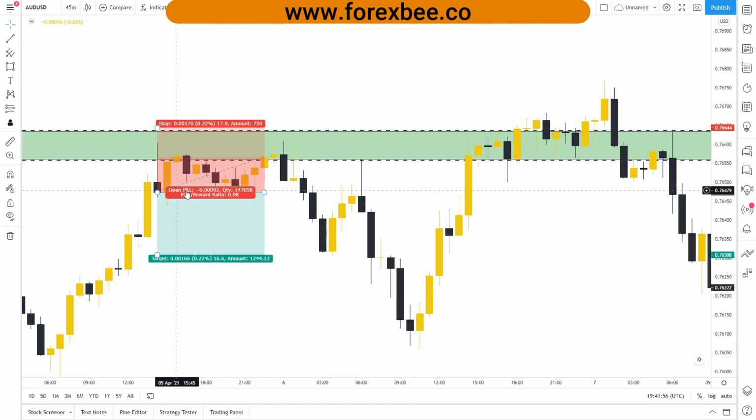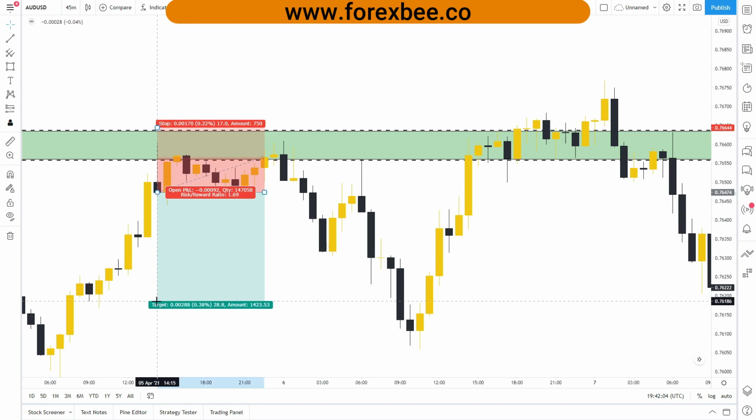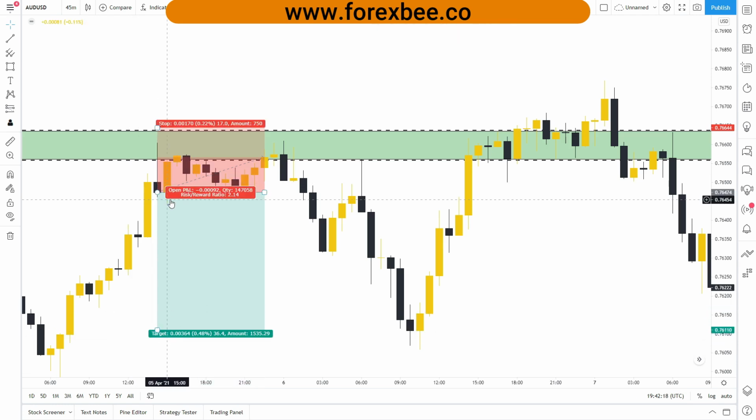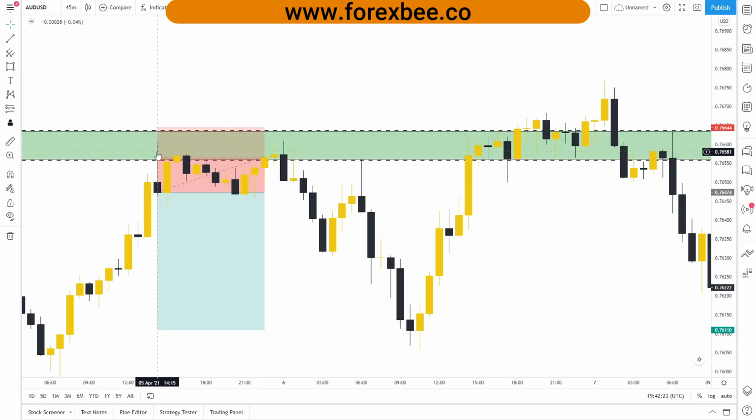So basically our risk reward ratio in this case is 0.98, and I can increase that by moving our target down. So here we have opened a trade based on the price action happening near the resistance level. Now let me show you a cool thing.